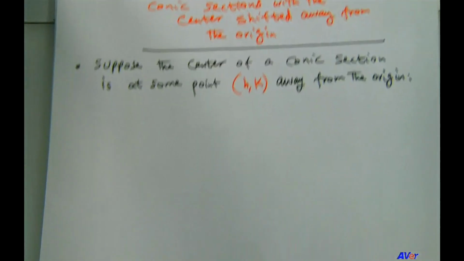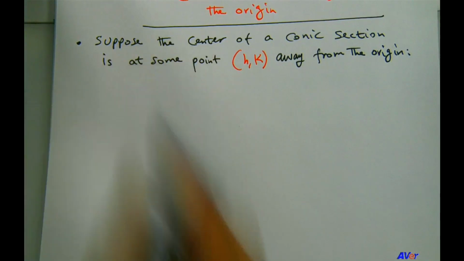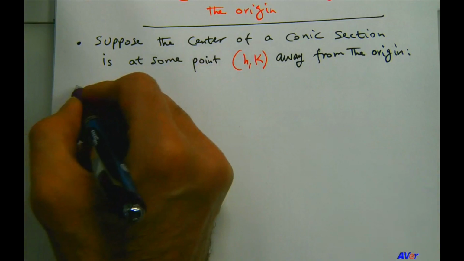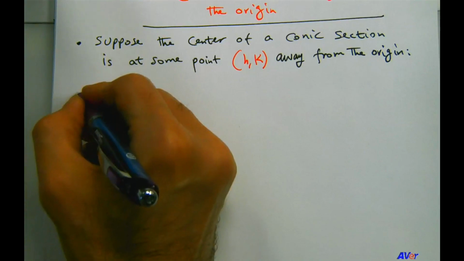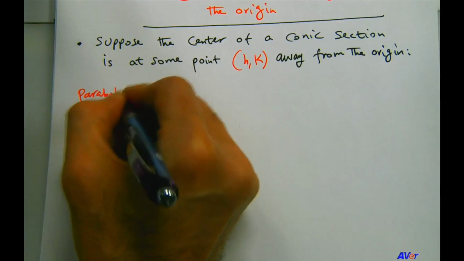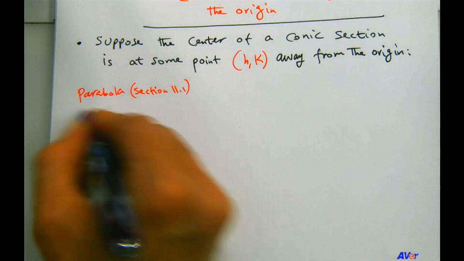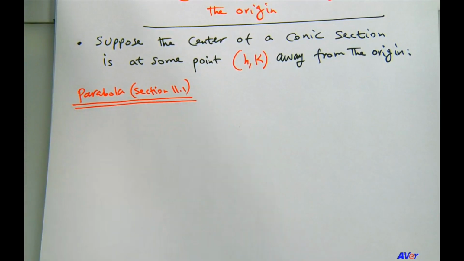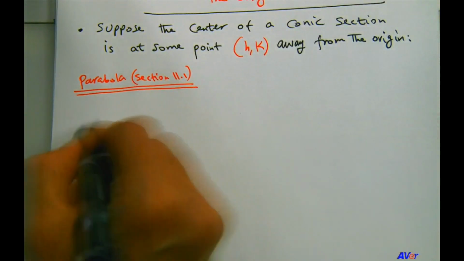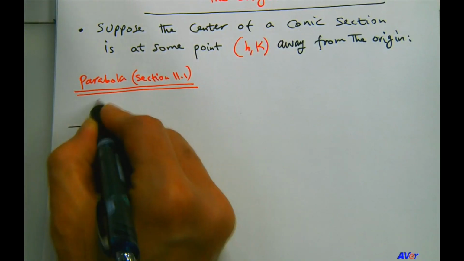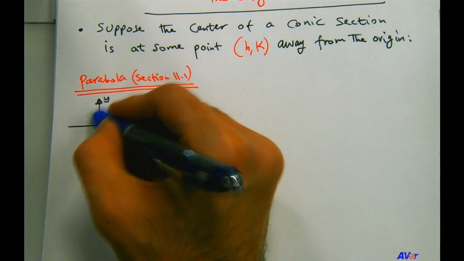So let's tie all of this to what we already know. We can begin with the parabola because we covered that in section 11.1 before the ellipse. So for the parabola, which we first talked about in section 11.1, we started by talking about the parabola when the center was at the origin, right?